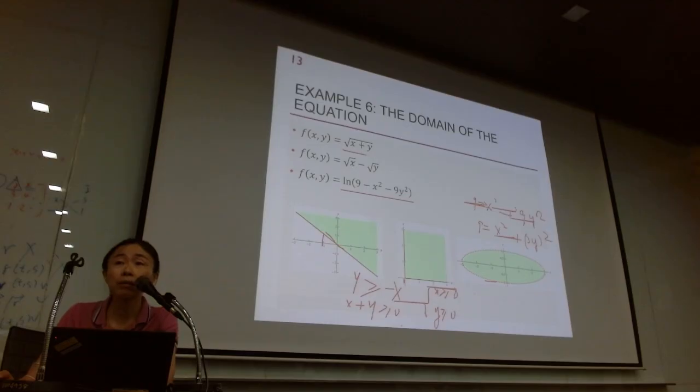Like for example, you have to define the domain implicitly, right? Yes. You cannot isolate one variable. Yes. Okay. No problem.